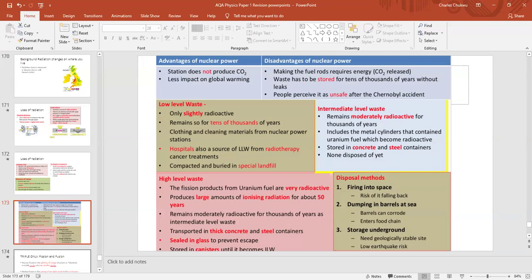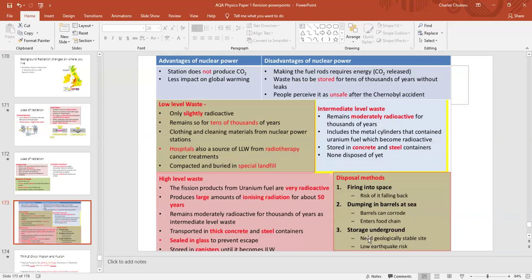I think you can just take note of some concepts, like where it comes to disposal methods, right? Yes, disposal methods and which ones are the best. Firing them into space, the risk of it falling back is there. So that's not the best. Dumping in barrels at sea, barrels can corrode and it can enter the food chain. Storage underground needs a geologically stable site with low earthquake risk.